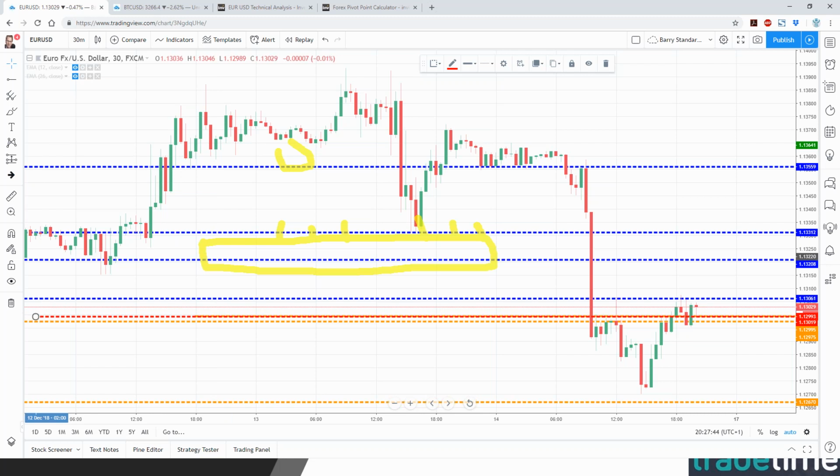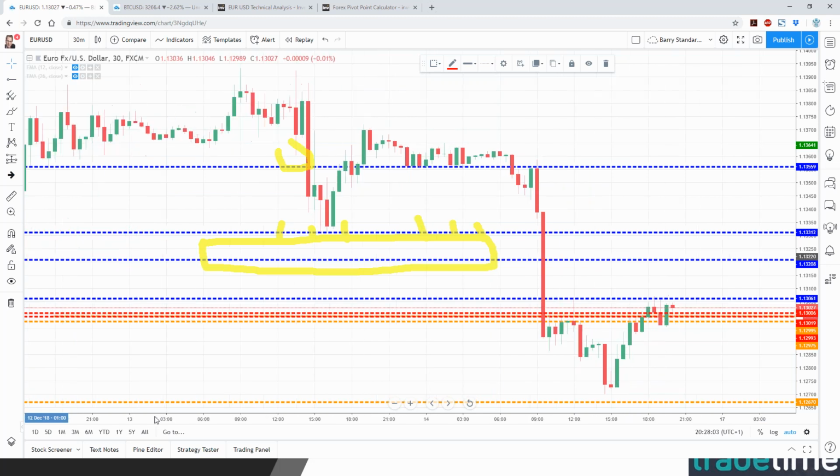So we have one, and the other one is at 113.05. So now we have two more levels that we got from different pieces of information.